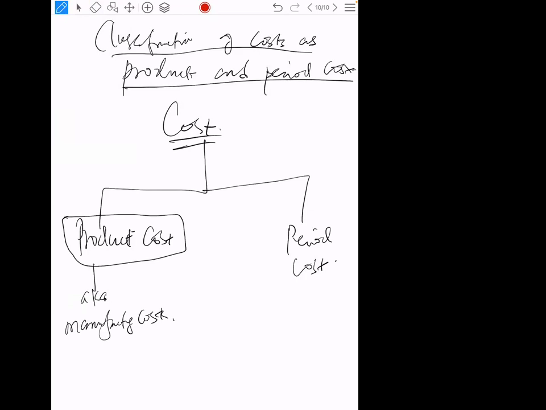And these manufacturing costs, you already know them. And these ones, we have also spoken about them, that they are not included in the production of goods. So they are referred to as non-manufacturing costs.